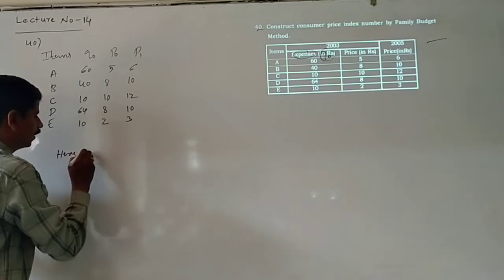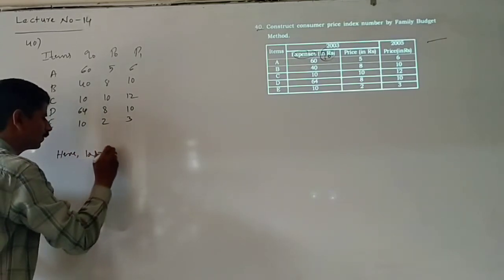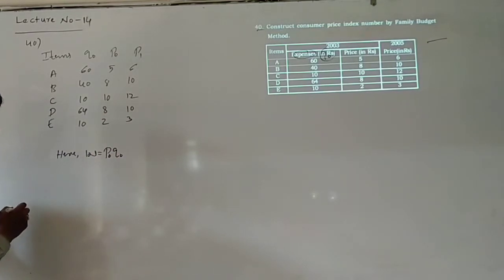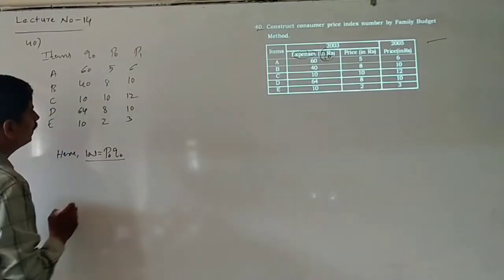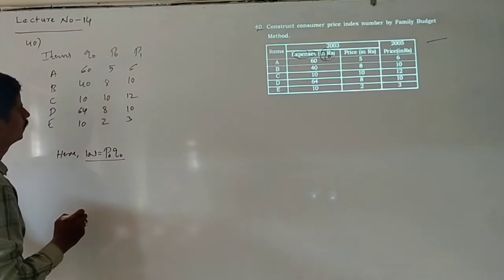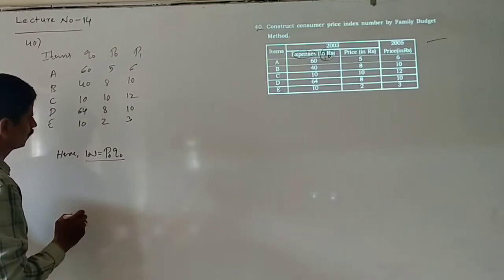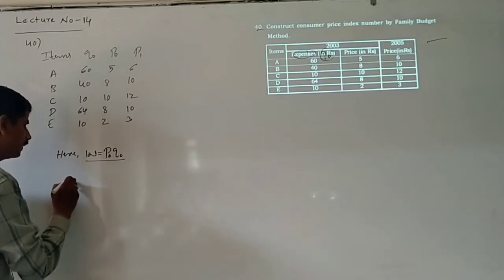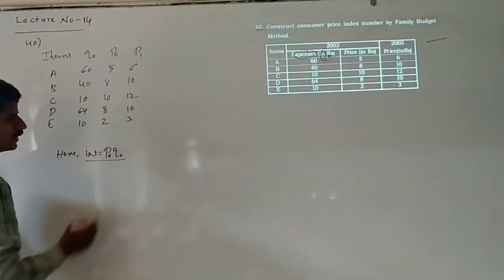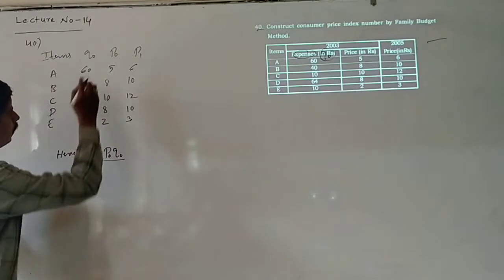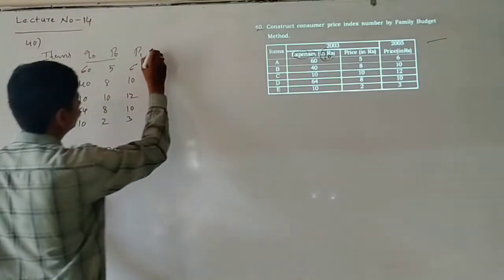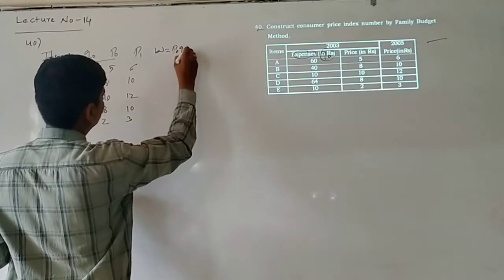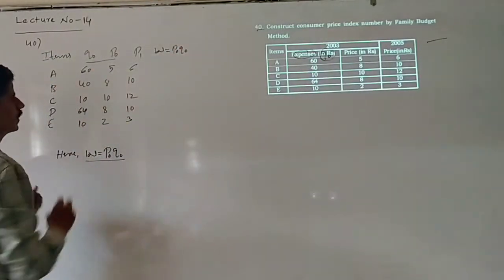Here W is nothing but P naught into Q naught. Okay, and then CPI by family budget method. Here W equals P naught into Q naught, this into this.